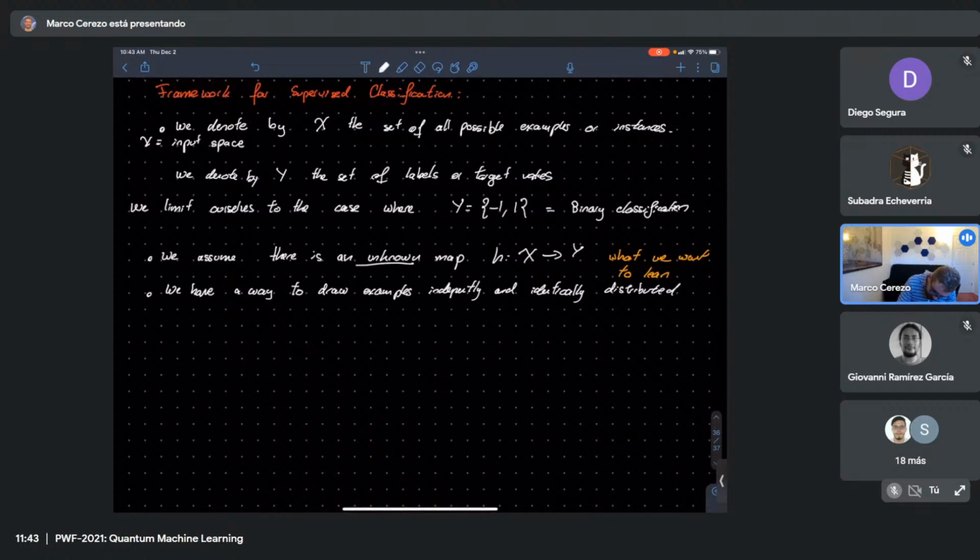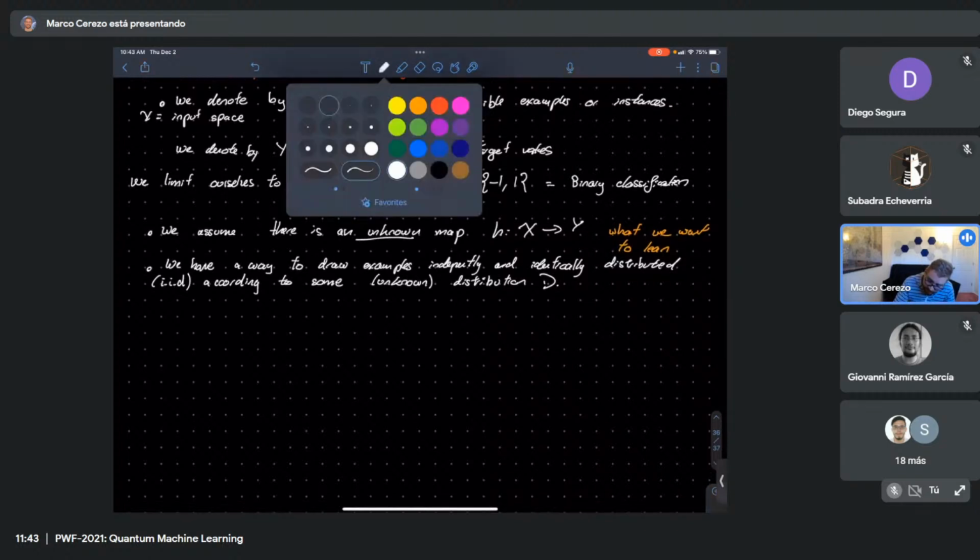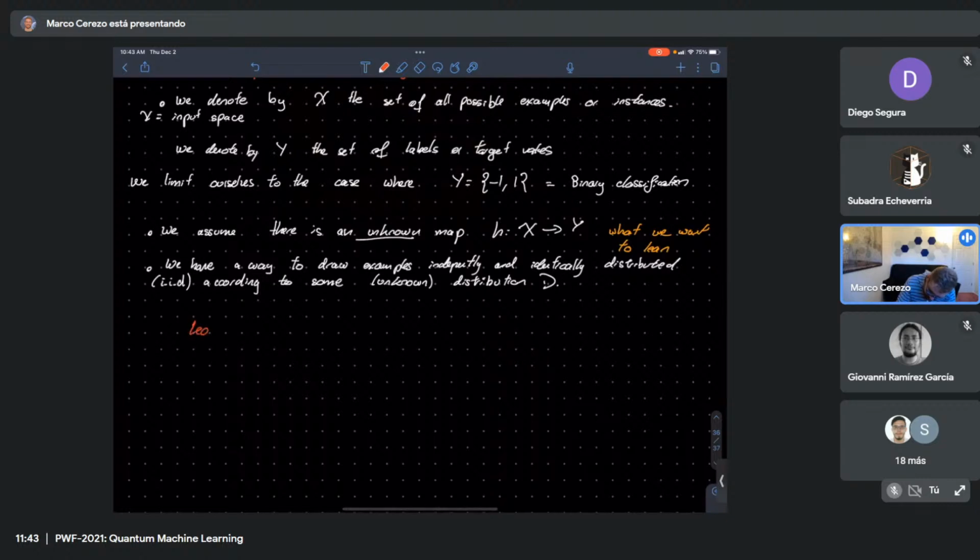This is what people usually call IID. So we can draw examples according to some distribution D, which can again potentially be unknown. This means that we can actually access data, and we can access the labels. So now with this framework, we can define the learning problem.